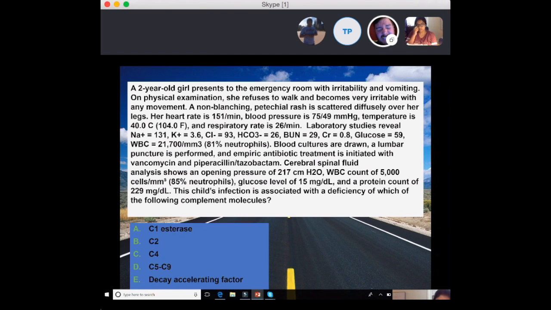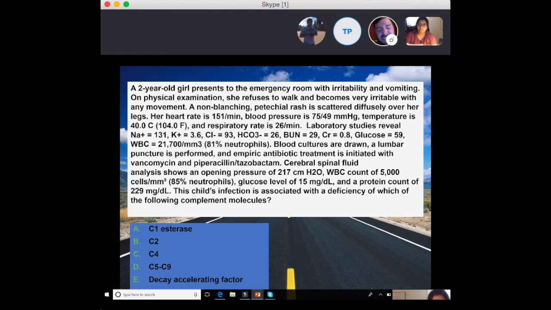Lab studies reveal sodium 131, potassium 3.6, chloride 93, bicarb 26, BUN 29, creatinine 0.8, glucose 59, white blood cells 21,700, 81% neutrophils. Blood cultures are drawn. A lumbar puncture is performed. An empiric antibiotic treatment is initiated with vancomycin and piperacillin-tazobactam.